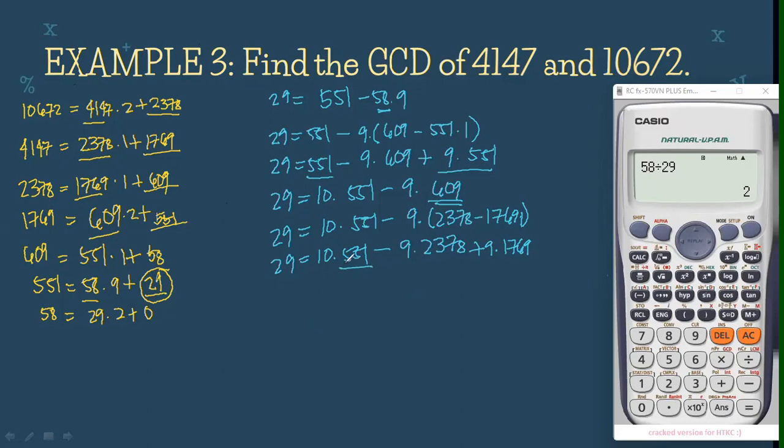So, ibig sabihin, pwede natin itong gamitan ng mga equivalent dito. So, dito po siyang line. So, we have 29 is equal to 10 times what is the equivalent of 551? That is 1,769 minus 609 times 2 minus 9 times 2,378 plus 9 times 1,769.